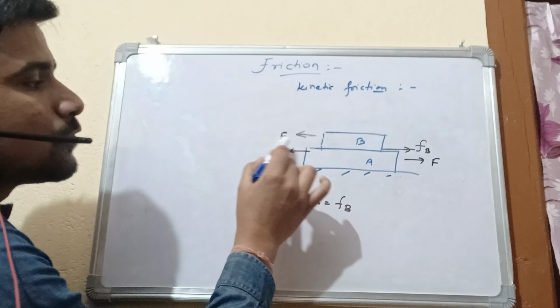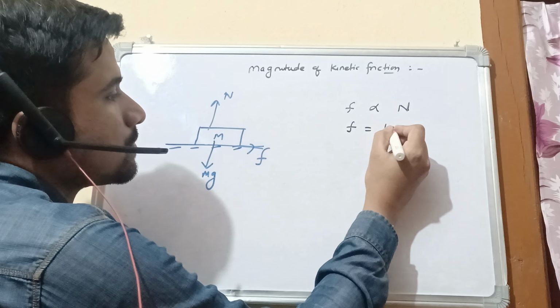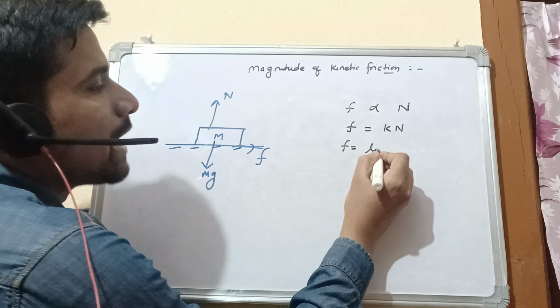It is experimentally proved that this magnitude of frictional force is proportional to the normal reaction. So the frictional force offered by a surface is proportional to the normal reaction. Now, if you remove this proportionality, you put a constant. This constant is generally mu, and since it is a kinetic friction, it is mu k.